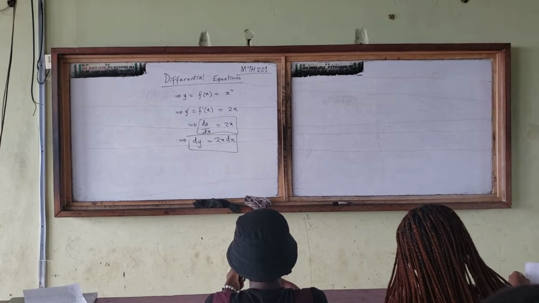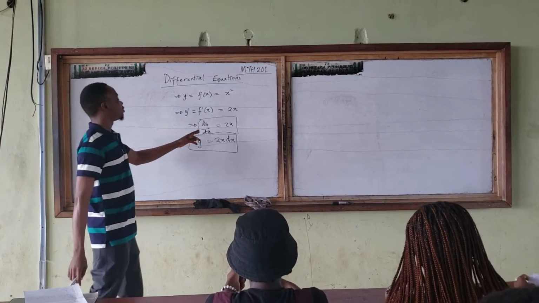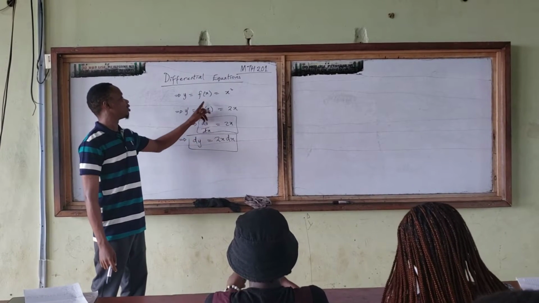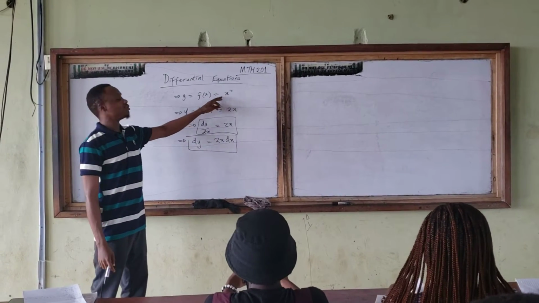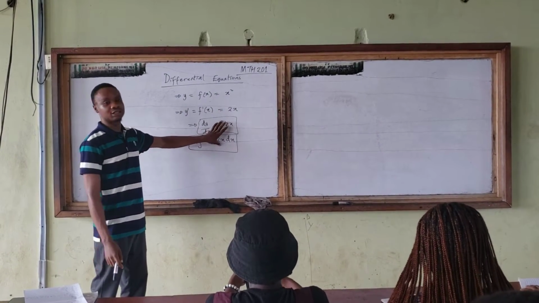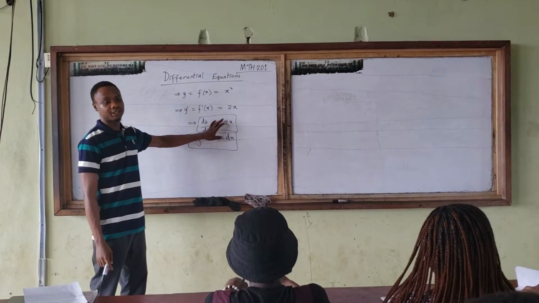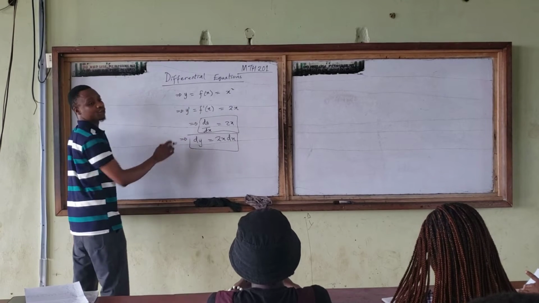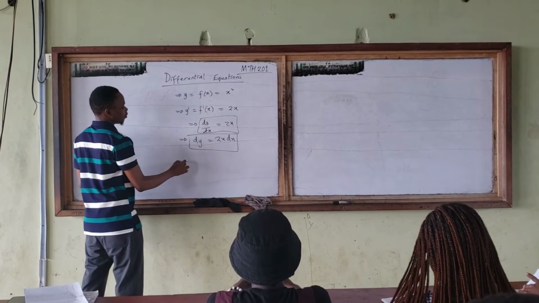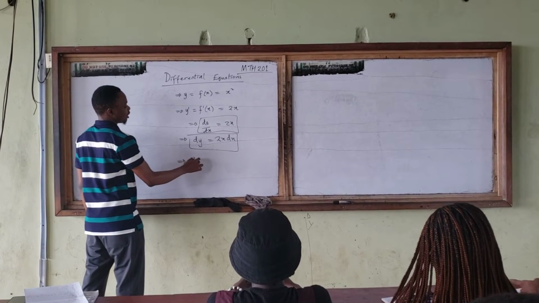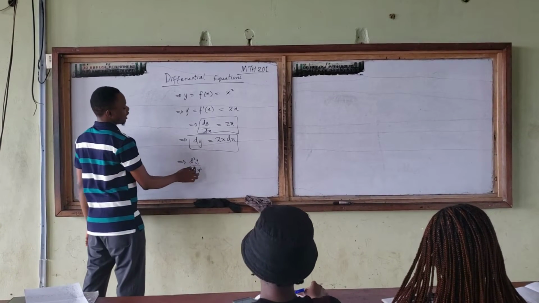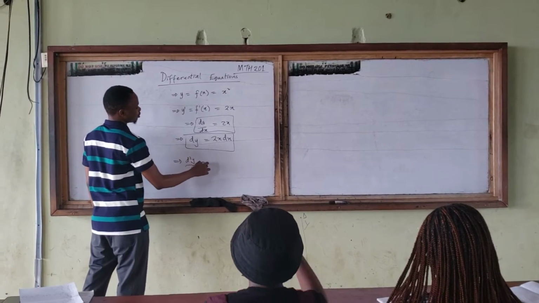So to solve this differential equation means that we want to get back our function f of x. This derivative will simplify to this. Is that very clear? You can also see that if you differentiate this function again, you get y double prime, which is d squared y over dx squared, and that is going to be equal to 2.